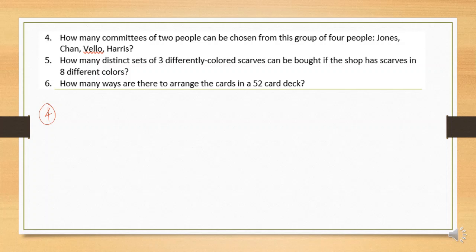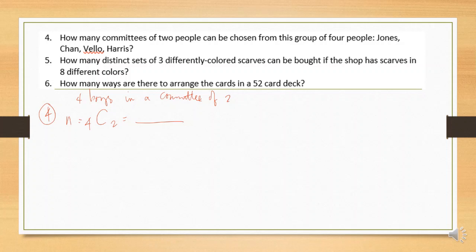So, we are combining 4 boys in a committee of 2. So, this is actually a combination problem. This is your answer. So, ang mga answers sa combination and permutations are actually very short. No? Maikli lang sila.